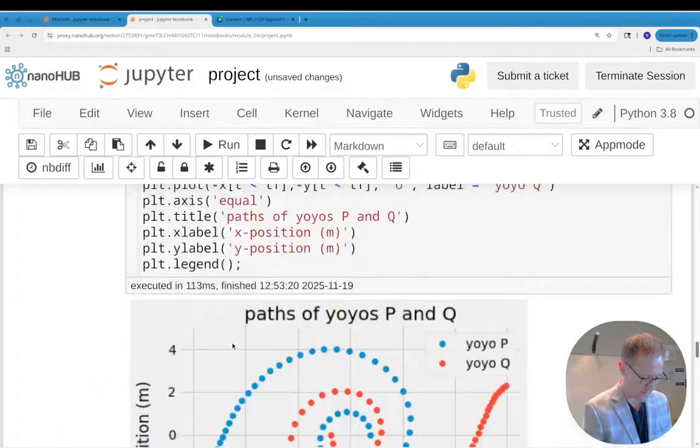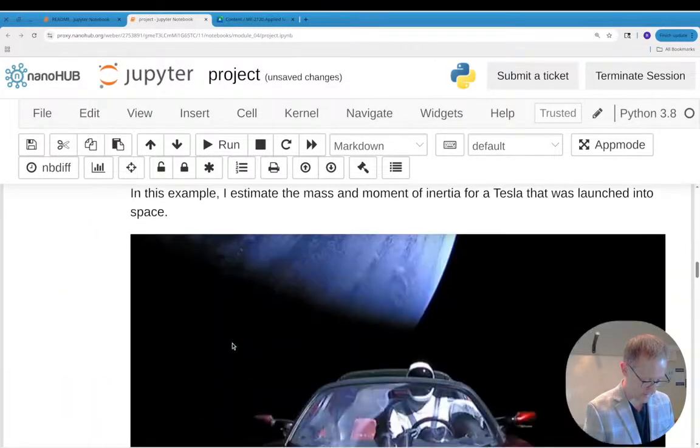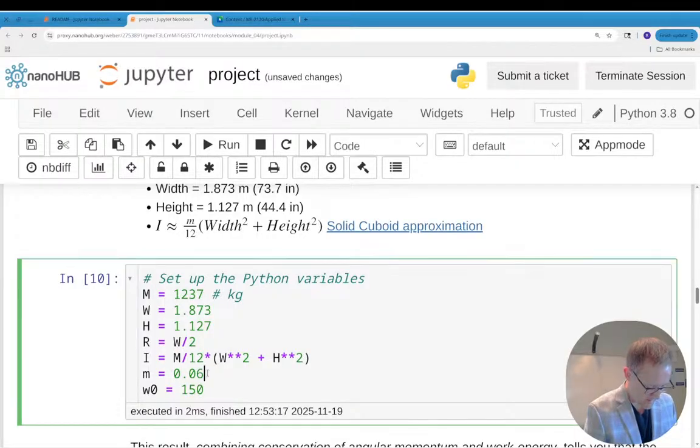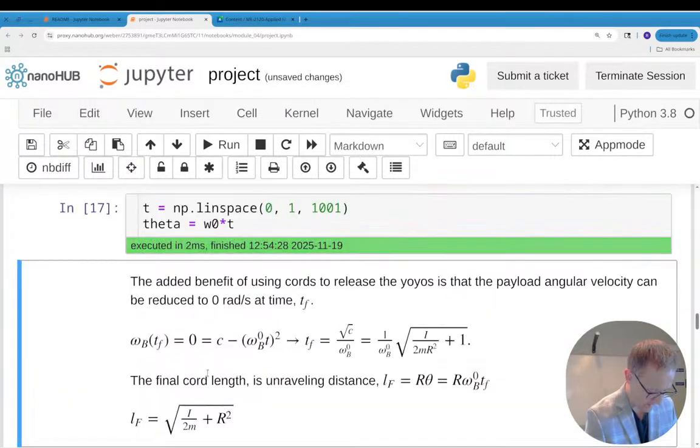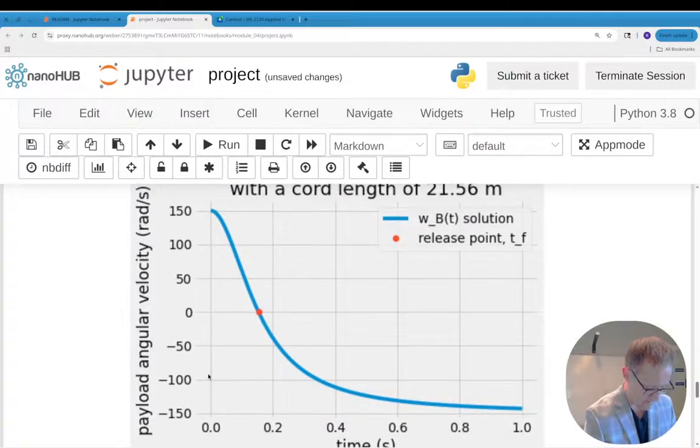So let's do an extreme, but not too extreme. We'll just change it down to 1 gram. And we can see it took longer, but it's also shallower. So the slope is getting smaller as we go through that.